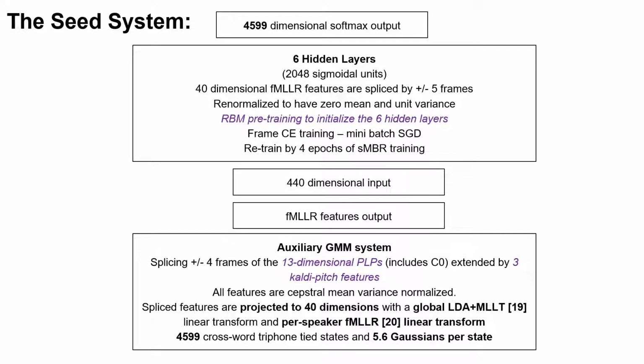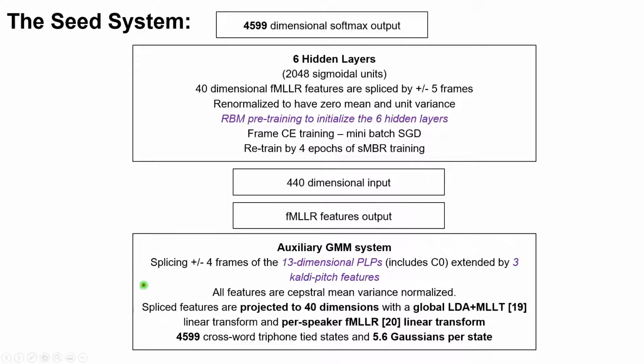Now this is the detail of the seed system. I may not go into the detail of all of it, but right from the bottom you have the input, and the phonemes are modeled as triphones. Here they also do not just take the audio signal coming from one speaker, but it is coming from multiple speakers also, so that information is used here.